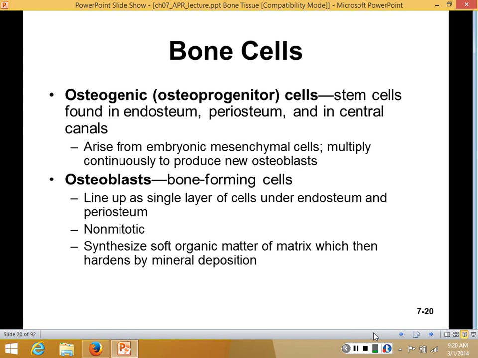Osteoblasts, please remember that they are your bone-forming cells, all right? As I stated earlier, they do not divide, okay, and they're responsible for depositing minerals such as calcium, phosphorus, sulfate, and magnesium in the matrix of the bone in order to make it more calcified, or to harden it, okay.